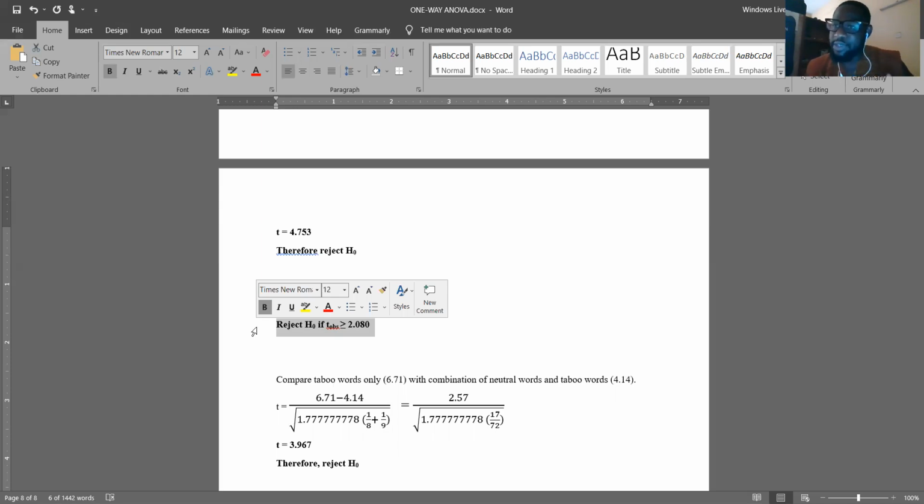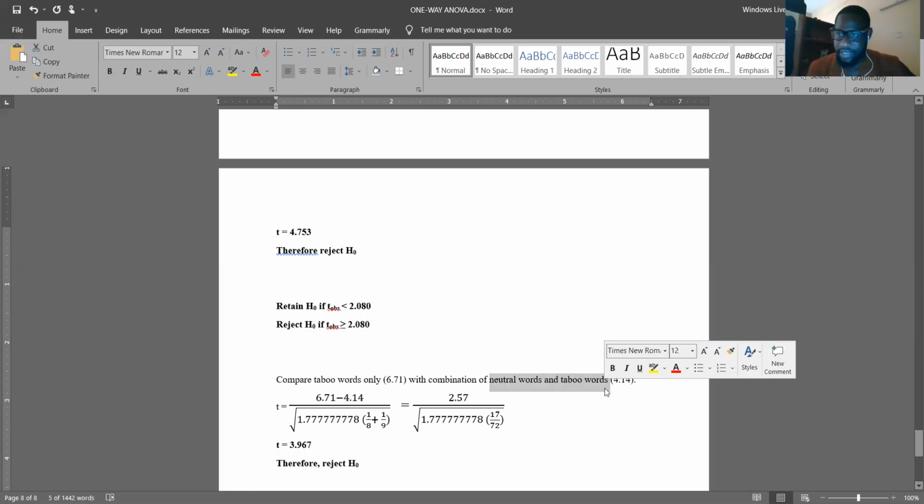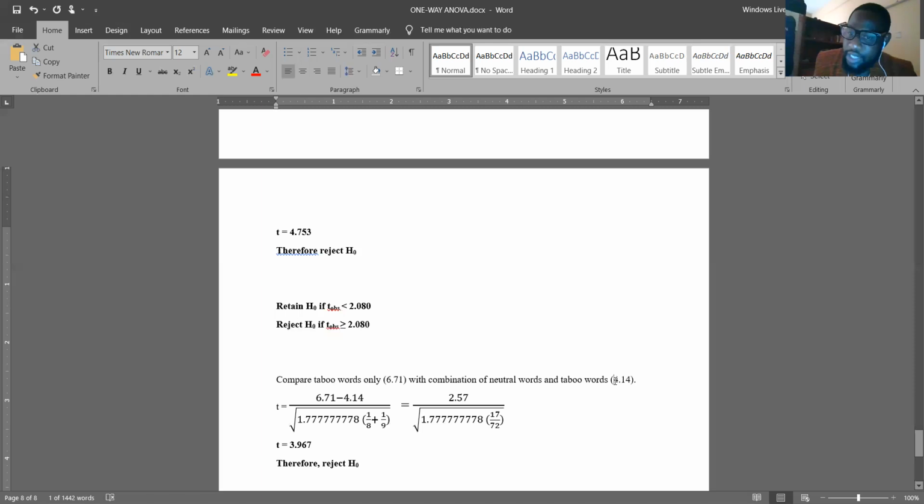So since we are rejecting H0, it means that we are telling our reader that there is a significant difference between the two groups that we're comparing. And which of the two groups were we comparing? That's taboo words only and participants in both nature of words. So we are saying that there's a difference between the two groups. Then again, you ask yourself, which of the two groups committed more errors than the other? Definitely, since there's a significant difference, it means you're supposed to use the means for the two groups.